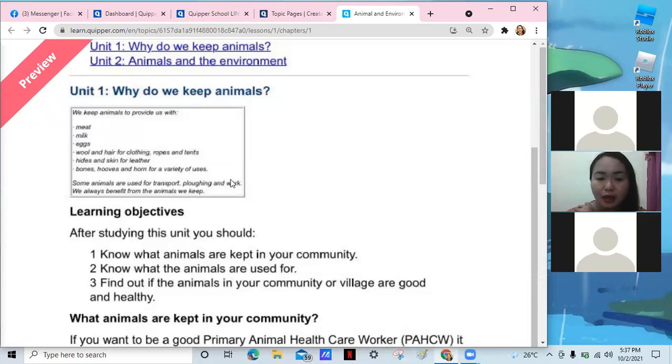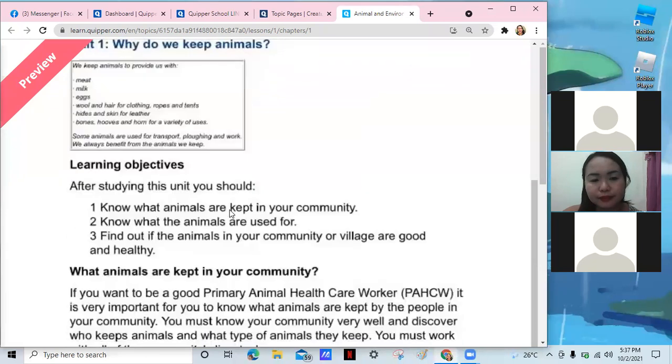But especially animals which are almost extinct, or endangered species rather, so not really livestock.